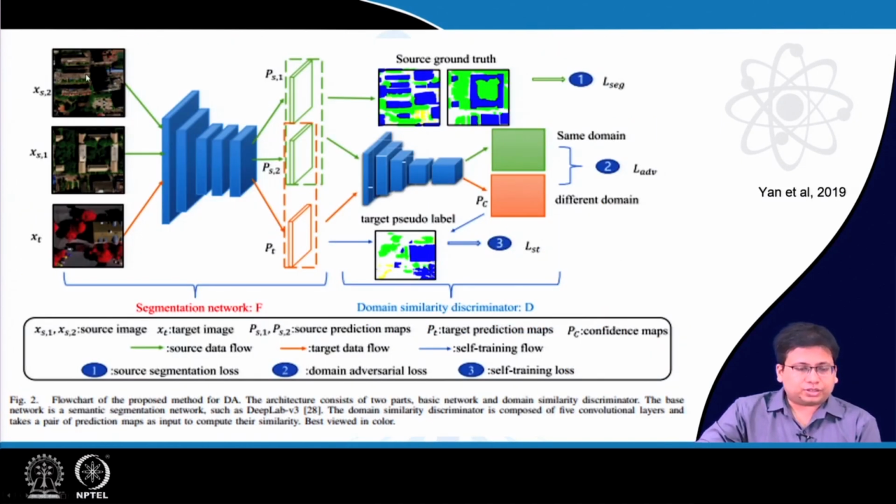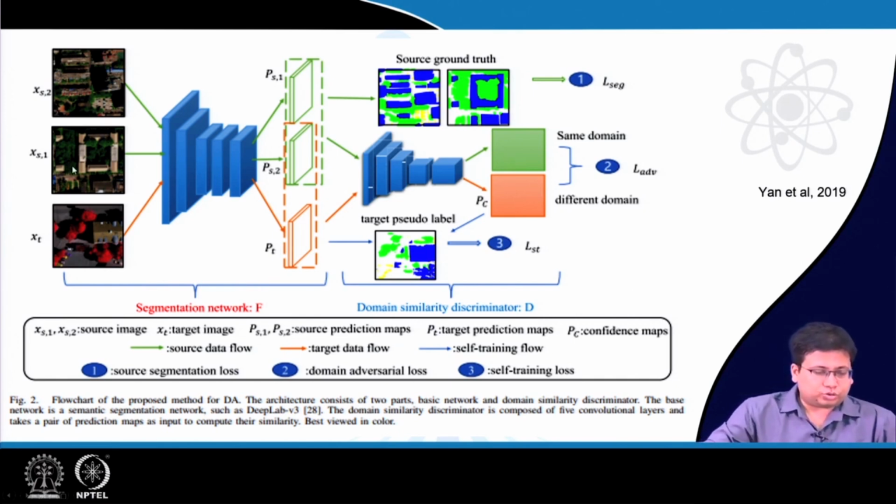For this, once again they use a deep learning framework. Here, let's say there are images from the source domain and there is a target image, and then there is this neural network which maps all of them to the prediction maps. So these are the source prediction maps and the target prediction maps.